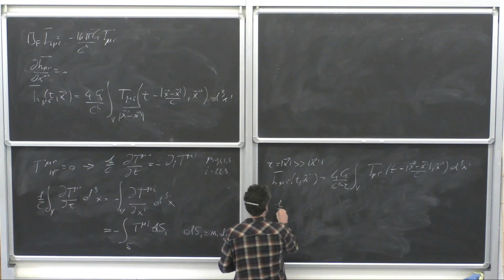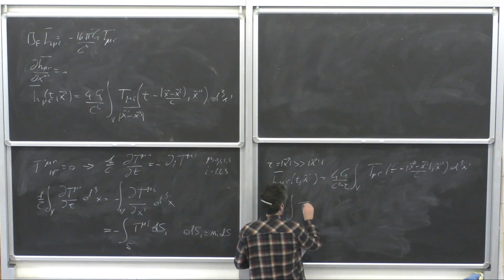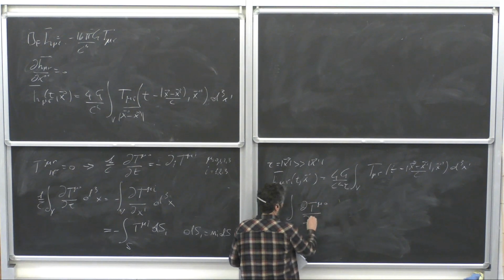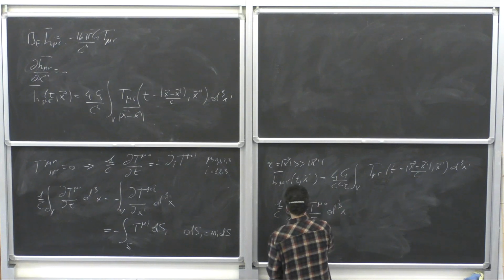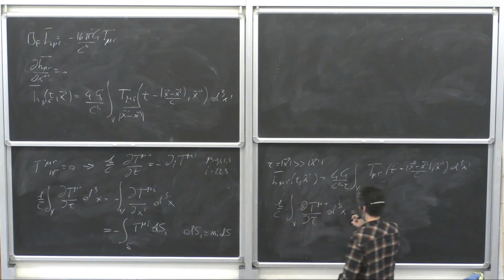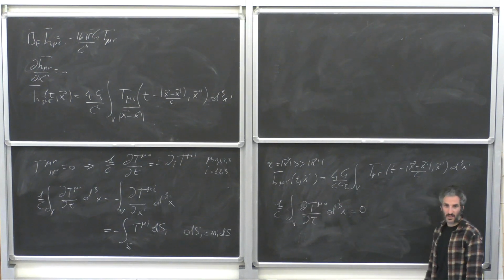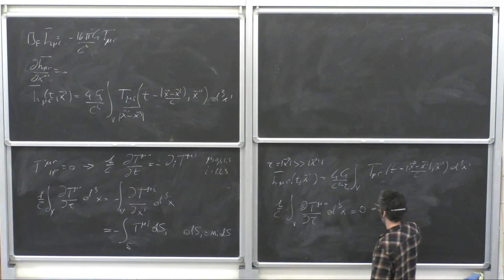So you have that 1 over c, the integral over the volume, is equal to 0, which tells you that you have a 4-vector of conserved quantities. I think you have seen this many times.